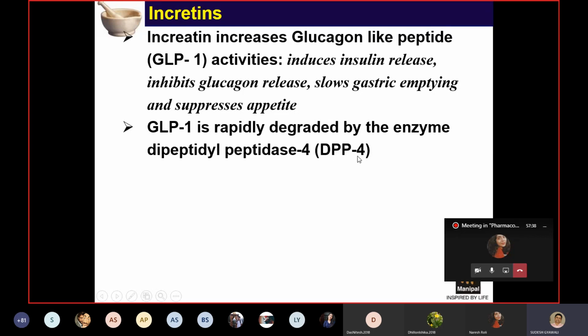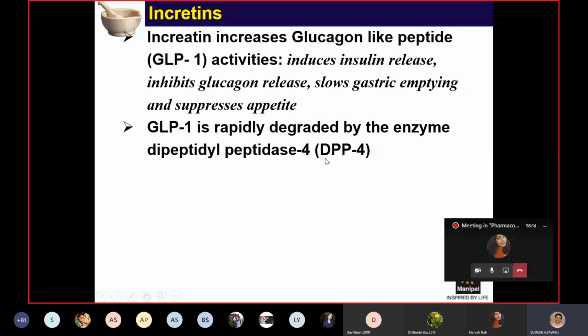So what you can do is either use a drug which acts similar to GLP, one option to increase the incretin activity, that is what we call a GLP agonist, or we can inhibit this enzyme, dipeptidyl peptidase 4, DPP4.